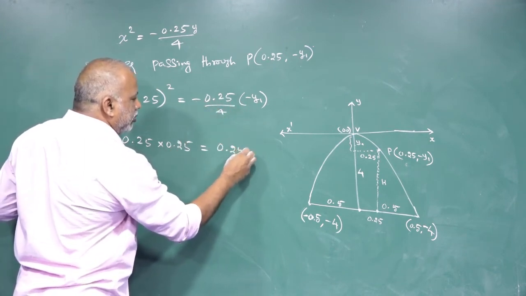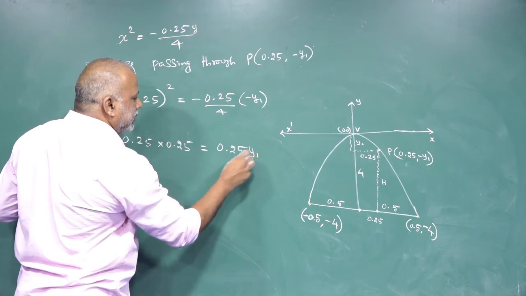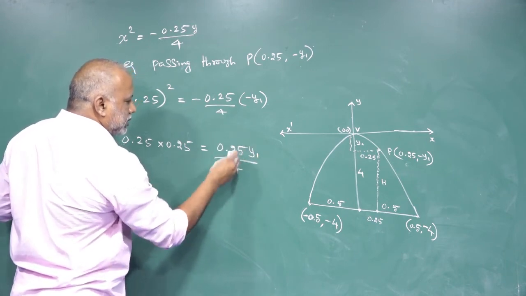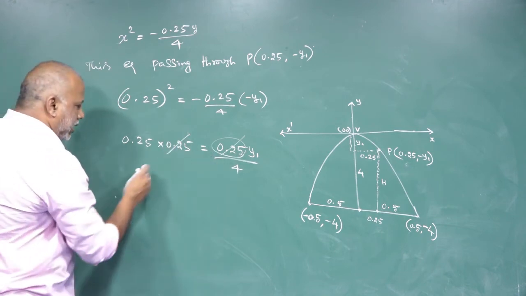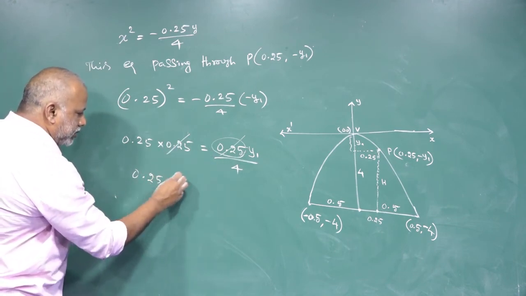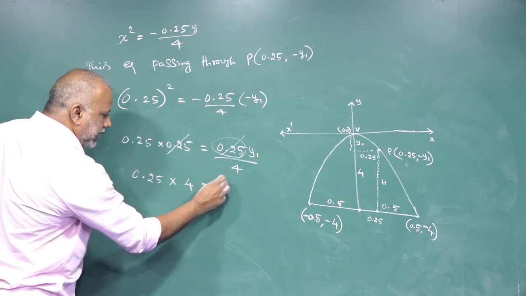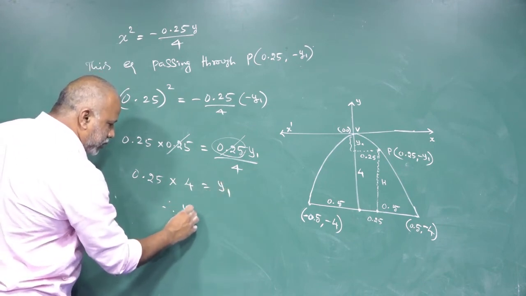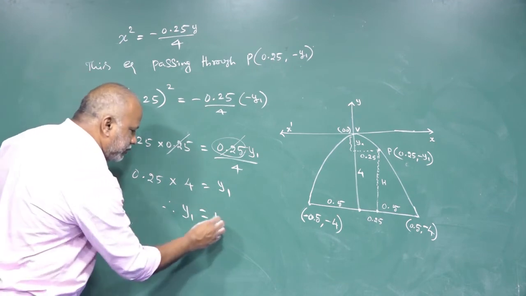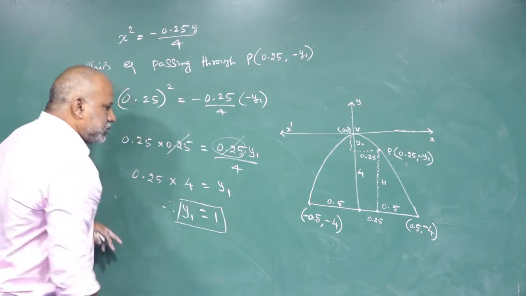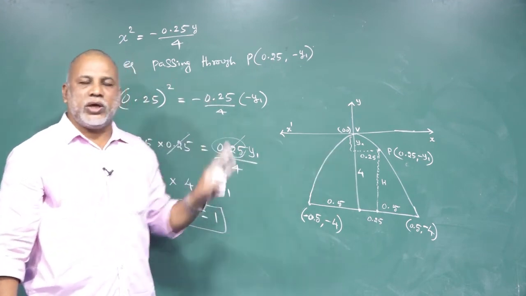We can get 0.25 y1 divided by 4. So 0.25 we can remove straight away. Now 0.25 into 4 equal to y1. Therefore y1 equal to 0.25 multiplied 4 times. We can get y1 equal to 4. So we are able to work out the value of y1.